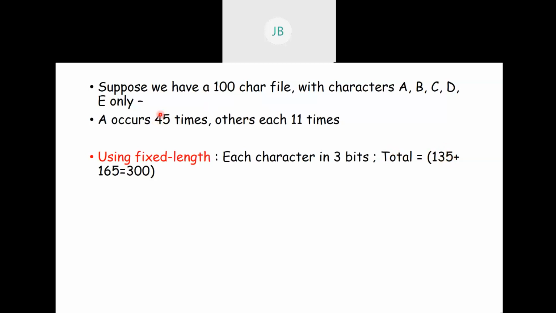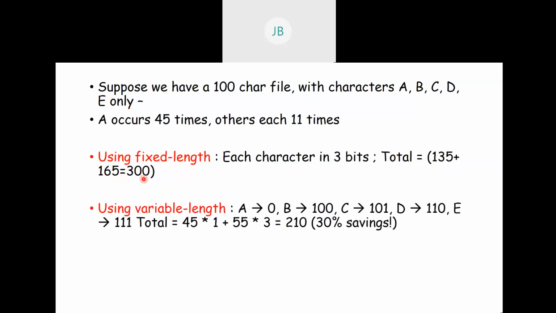Because A appears 45 times and we are representing A by 3 bits. Similarly, the remaining characters B, C, D, E occupy 165 bits, because the remaining 55 occurrences, each represented by 3 bits, give 55 multiplied by 3. So altogether we need 300 bits.